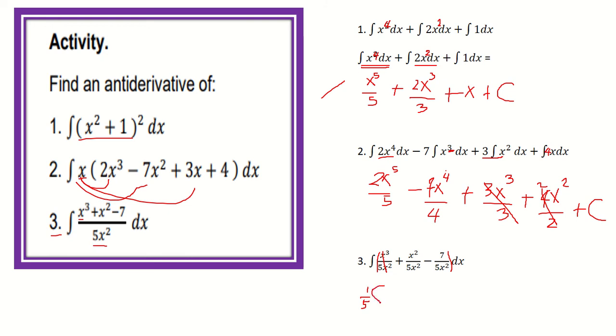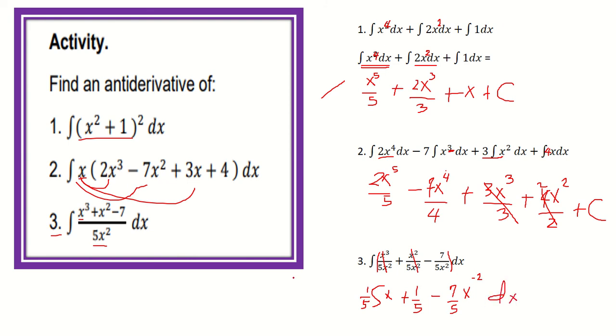1/5 integral of x. Tama, no? Kay x cubed over x squared, that is x na lang. Plus, ito siya is, makancel man ito. 1/5 na lang. Then minus 7 over 5, x to the power of negative 2 dx.